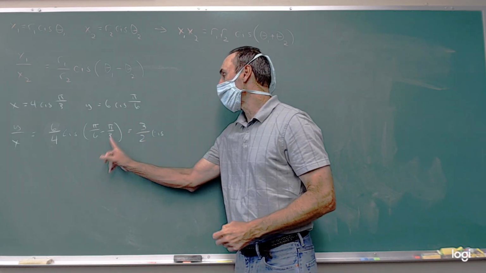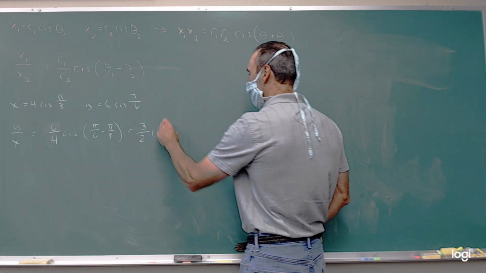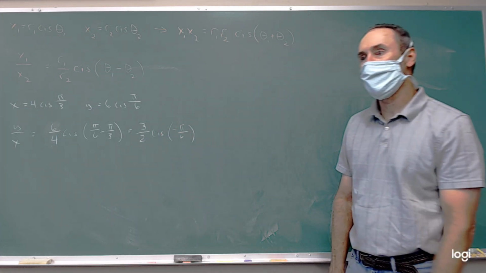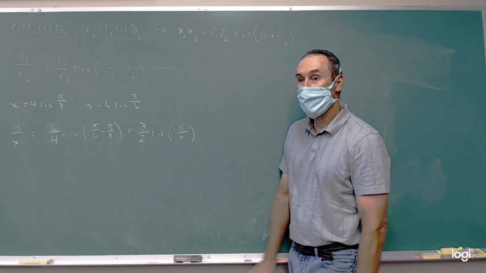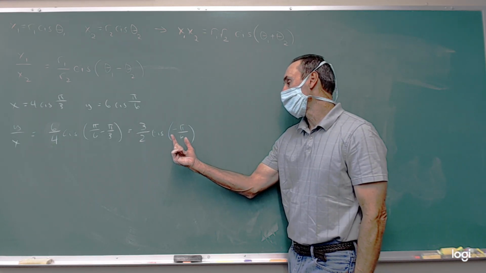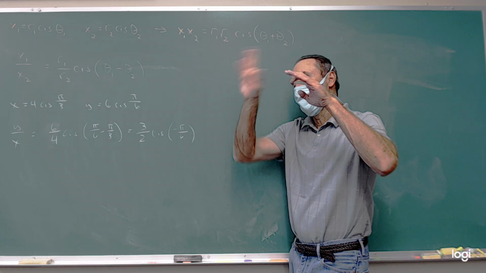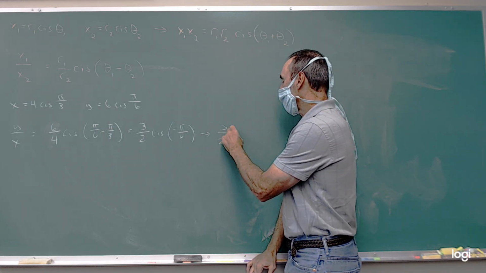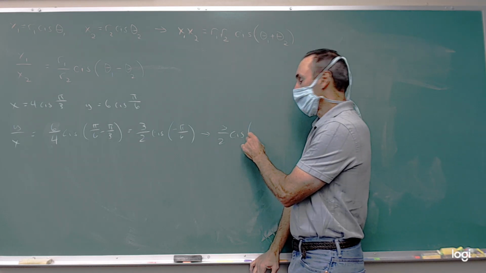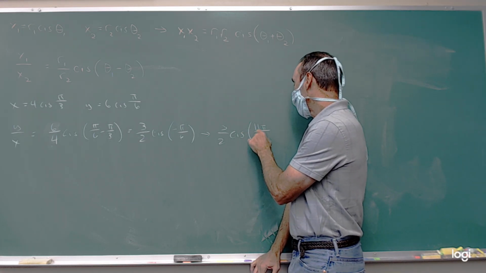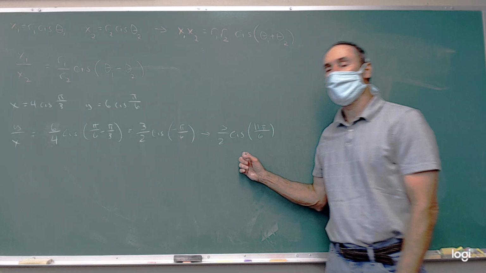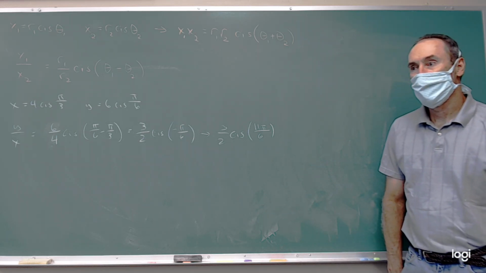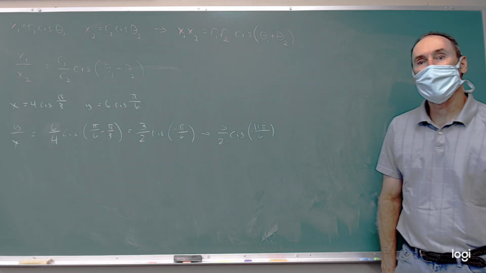And this is 1/6 minus 2/6, so we get negative pi over 6, and I'm okay with that. I think that's perfectly well understood. Probably a better answer would be to write the negative pi over 6 as a positive angle. So this is equivalent to 3 halves cis 11 pi over 6. And I wouldn't count that wrong, but I think it might be a little better in that form there. Okay?